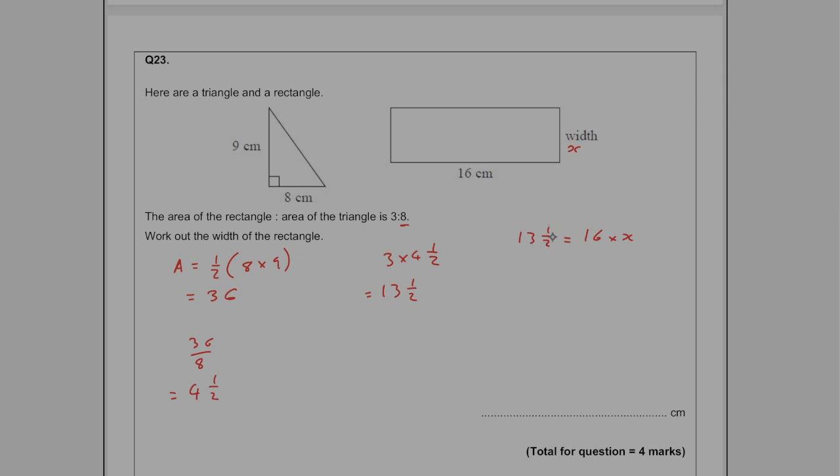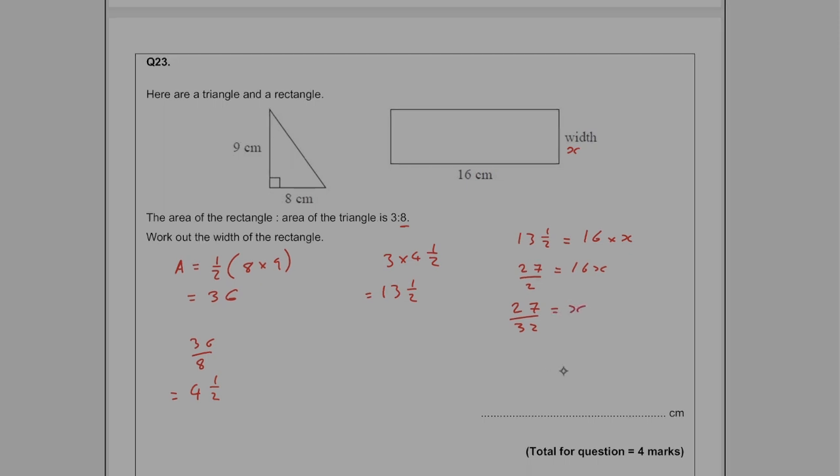If I convert this into an improper fraction to help me out, 13 times 2 is 26, plus 1 is 27, so that's 27 over 2, equal to 16x. So I need to divide both sides by 16. That gives me 27 over 32 equal to x. So x is equal to 27 over 32.